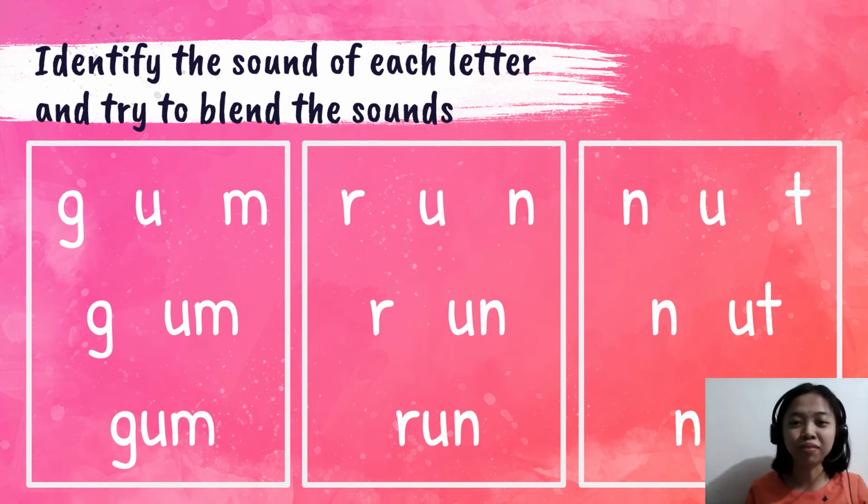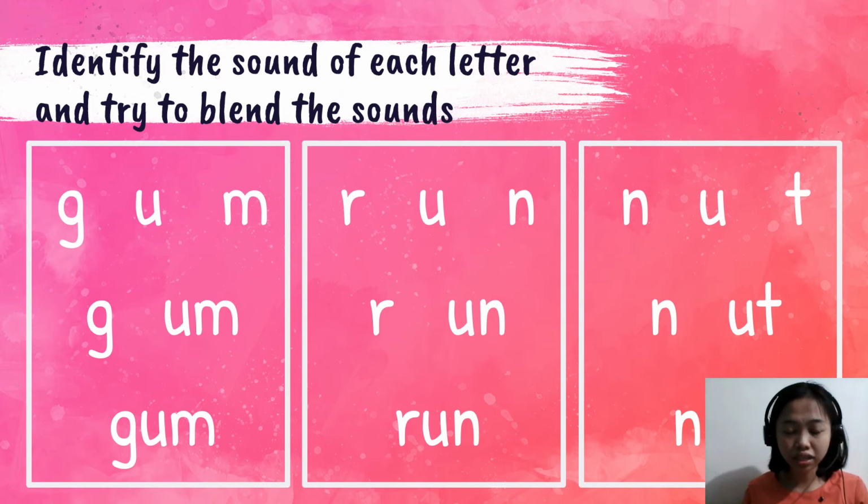It's gum. Say gum, gum, chewing gum. Oh, that's a gum. Next, what are the letters that you see on the second box? It's R, that sounds R. How about the second letter? It's U, that sounds u, and the N, that sounds n.